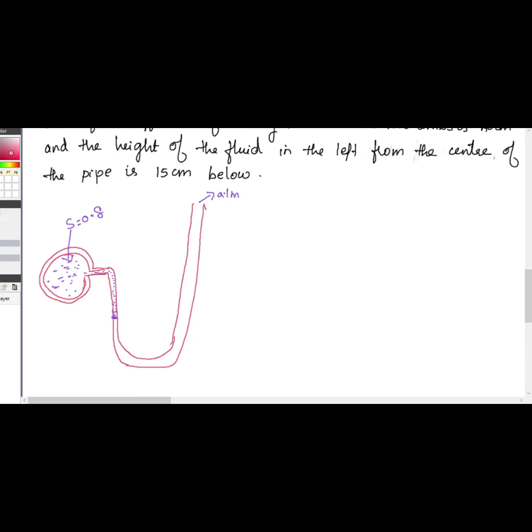So our mercury level will lie somewhere below this level. So this will be our level of mercury. Okay, this is our mercury. This is the fluid flowing in the pipe.